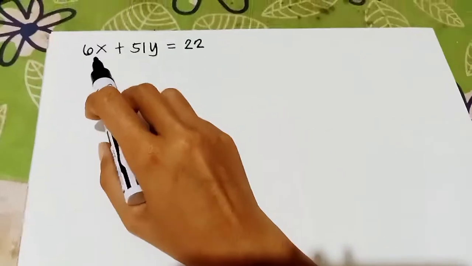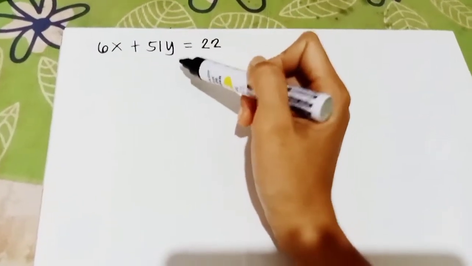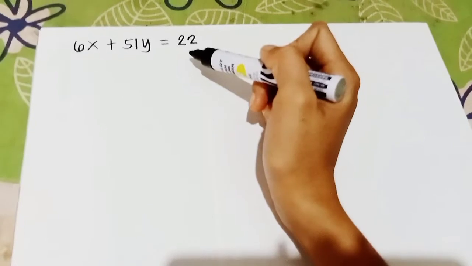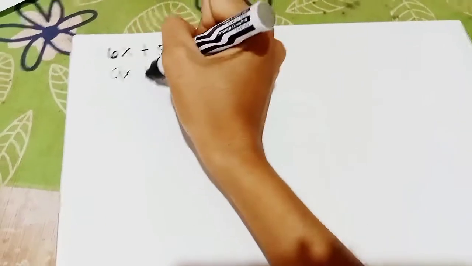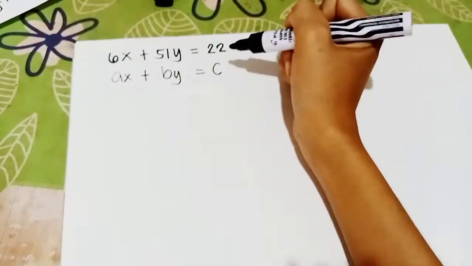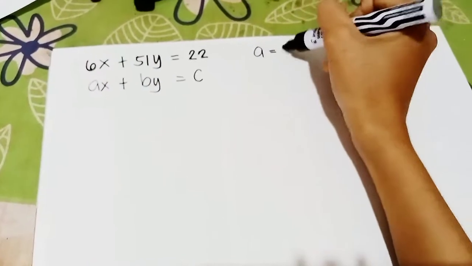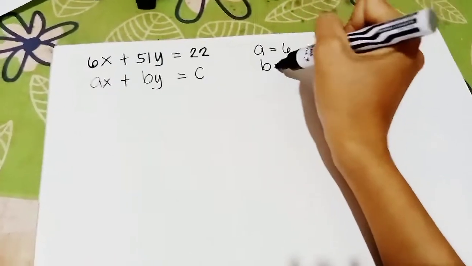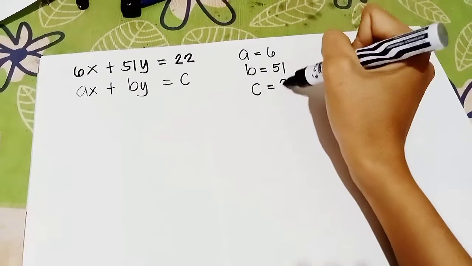Now, if we have the equation 6x plus 51y equals 22, and we have ax plus by equals c, so a equals 6, b equals 51, and c equals 22.